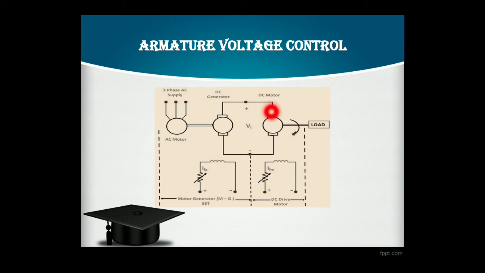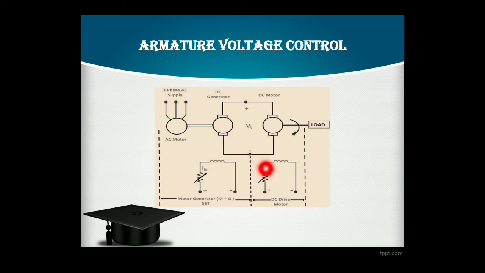But if we want to rotate the DC motor above the rated speed, what do we have to do? We can't increase the voltage, because the supply voltage from the DC generator is constant.